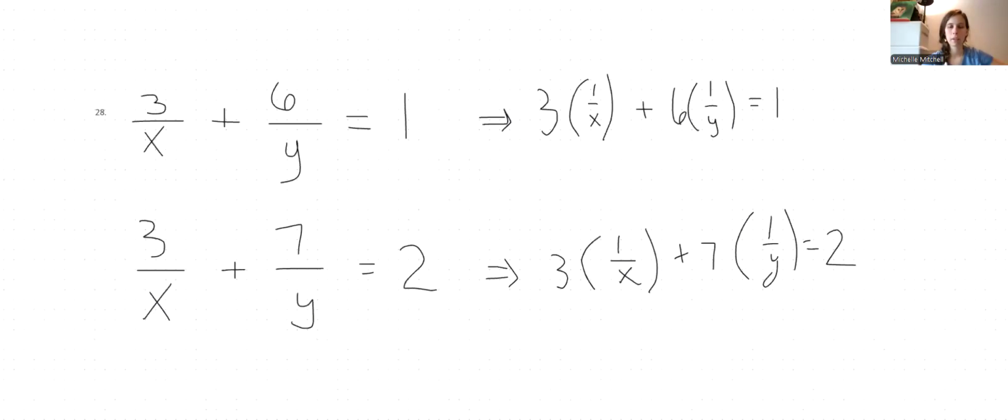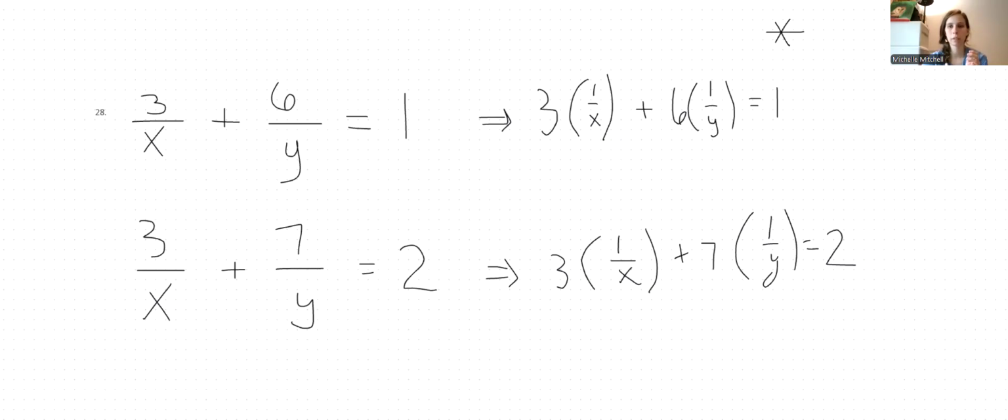Now what we're going to think about is, if I were to solve for something here, what could I solve for? Well, notice that these guys right here are already very similar. They're almost opposites of each other. So let's multiply this top equation through by -1.